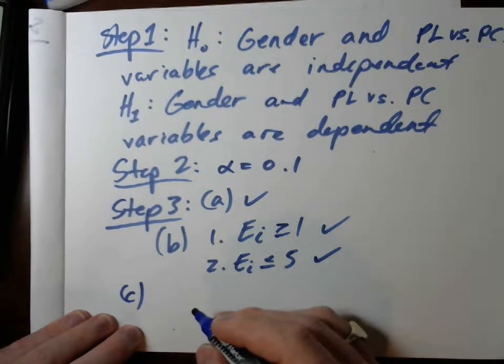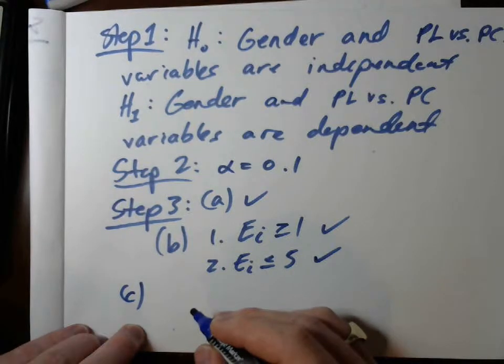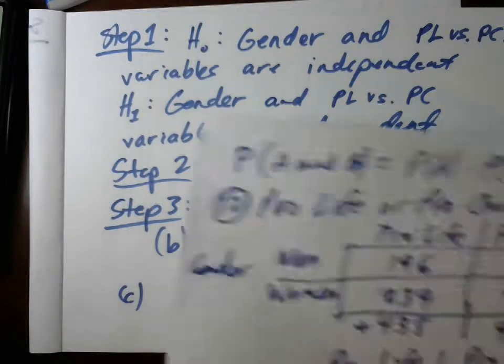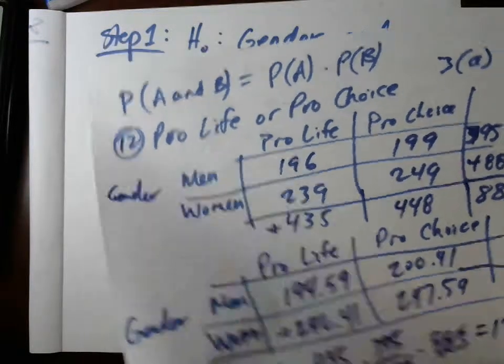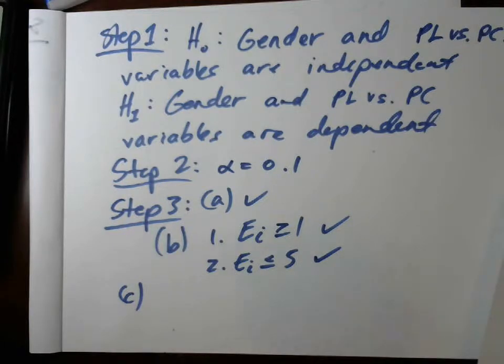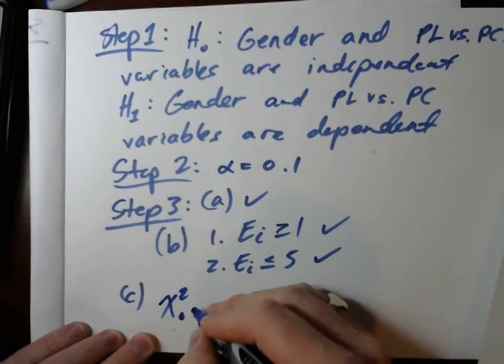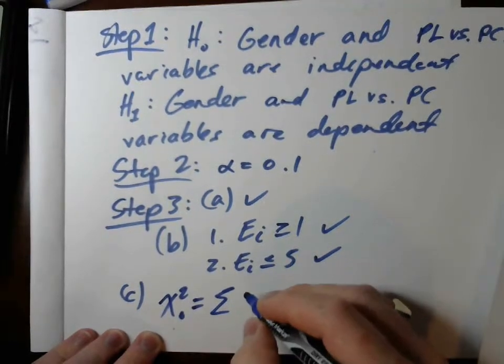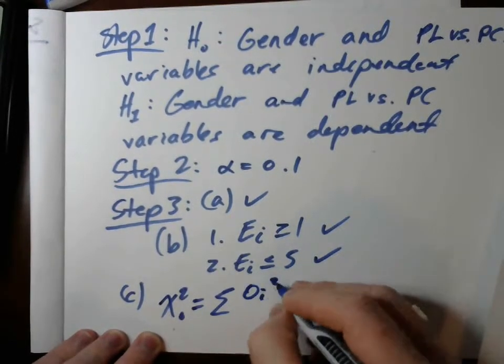And so now we can move on to step 3, which is compute the test statistic. Now, conveniently, as mentioned, we can use our calculator. And I'm going to go ahead and do that because I really don't want to add these up. It's not too bad. All we would do is use the equation of chi squared naught equals the summation of, and remember I like this equation better.